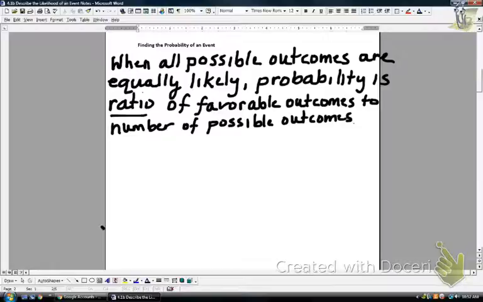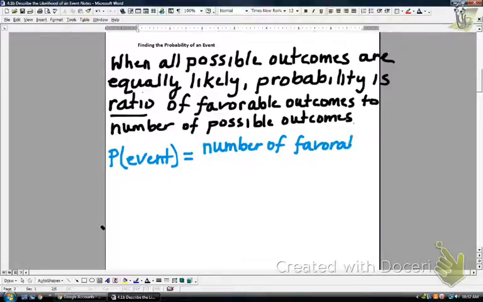So the definition is great, but let's look at that as an algorithm or a formula. So the probability of an event, and that's how we write it, probability of an event is the ratio, so it looks like a fraction, number of favorable outcomes to number of possible outcomes.